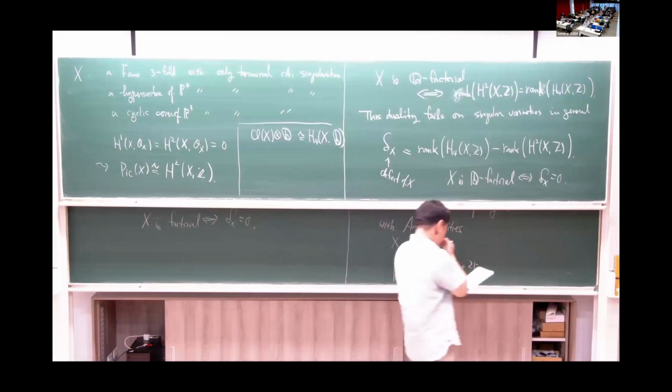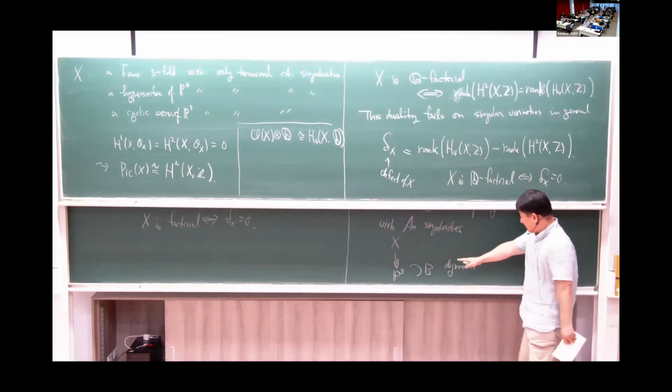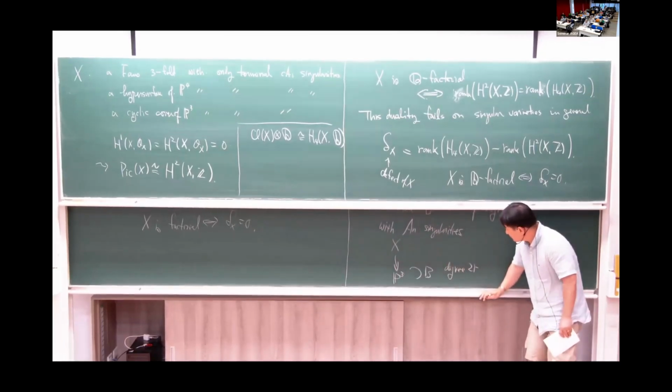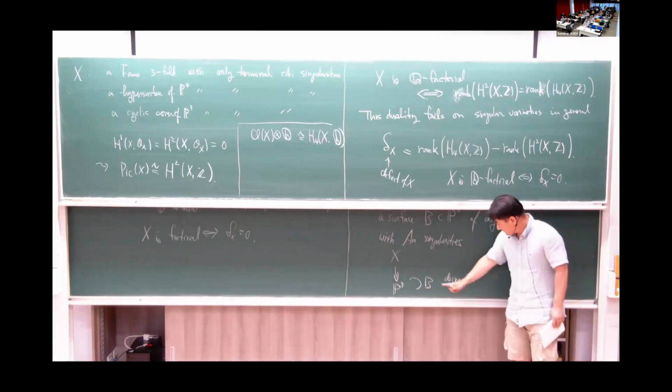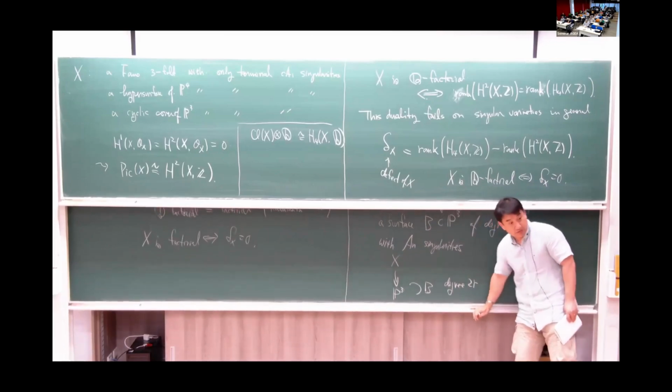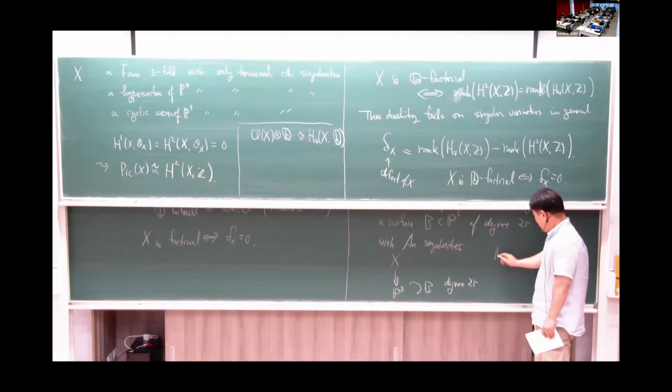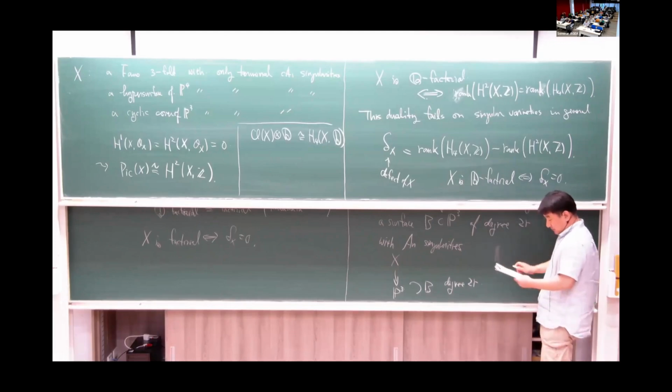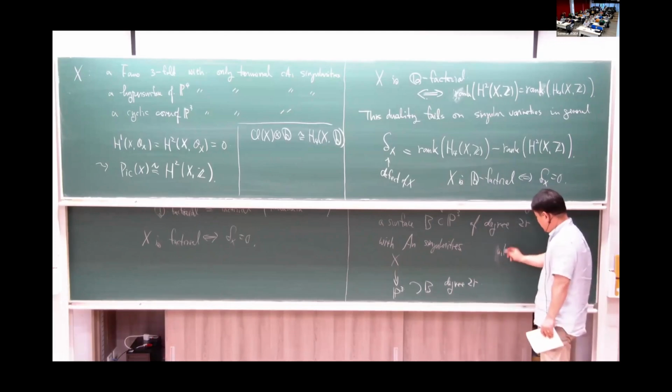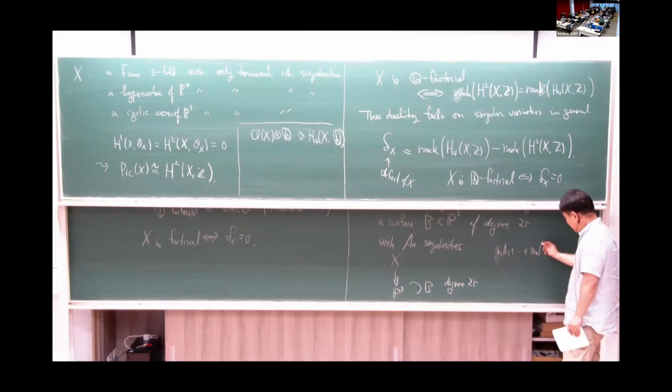And when we describe our condition, this surface has only cyclic quotient singularities. So let me describe singularities in this way: A1, up to A_m.